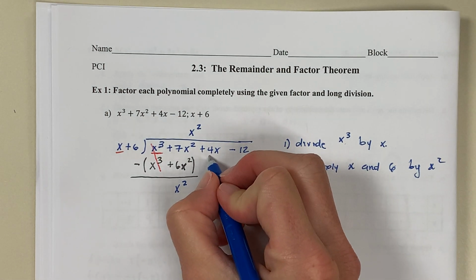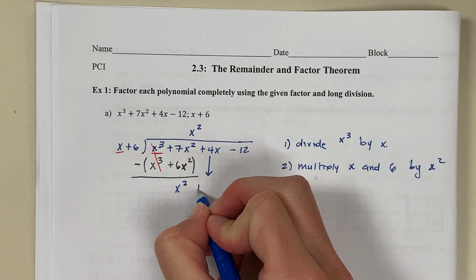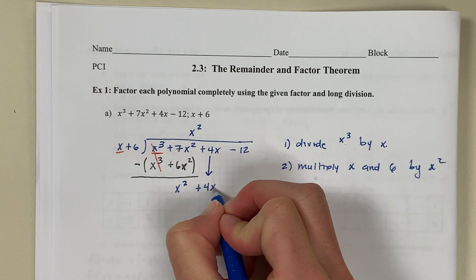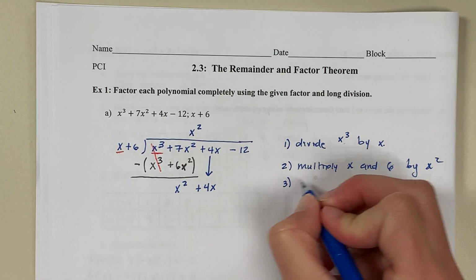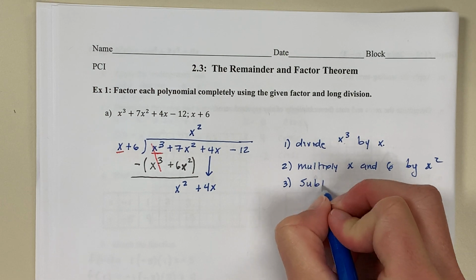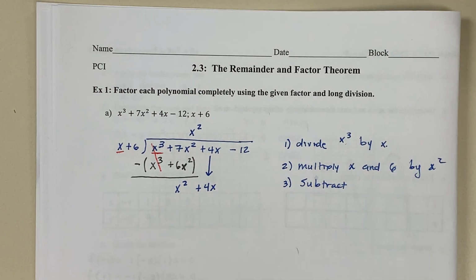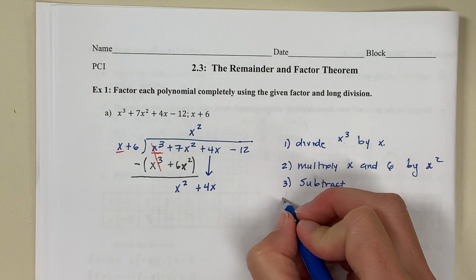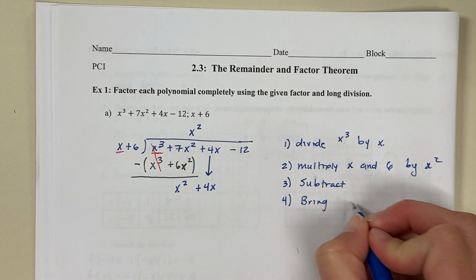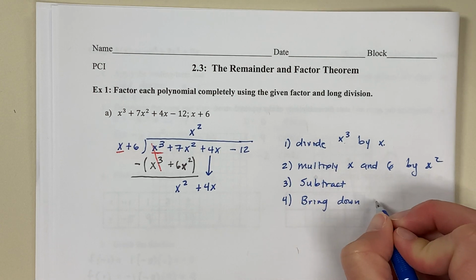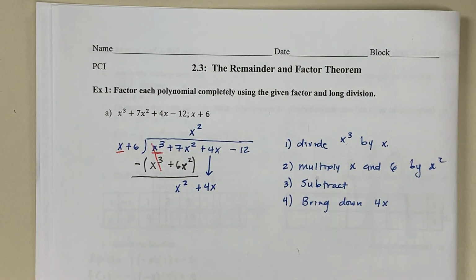Then I'm going to bring down the next term, which is a positive 4x. So step number 3, what I just completed, was I subtracted. And then step number 4, I bring down the next term. So I brought down the 4x.